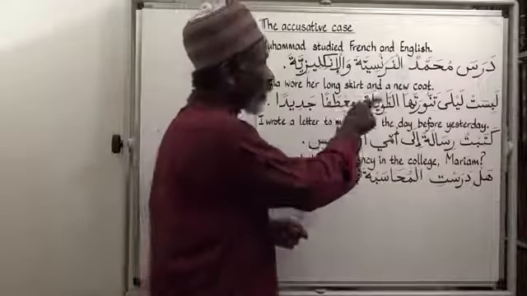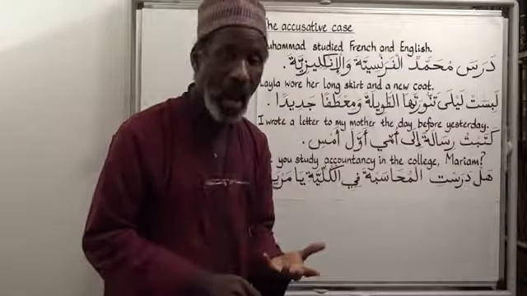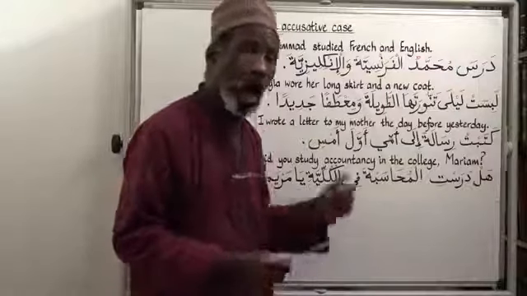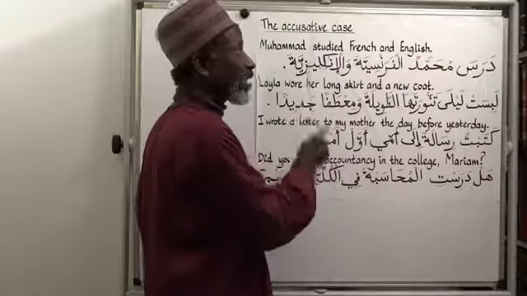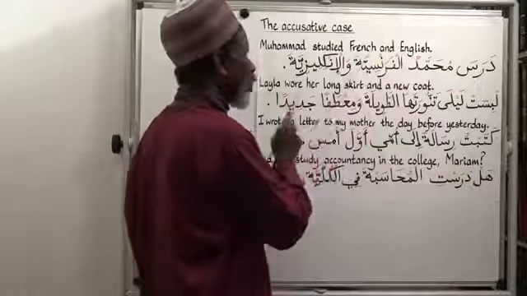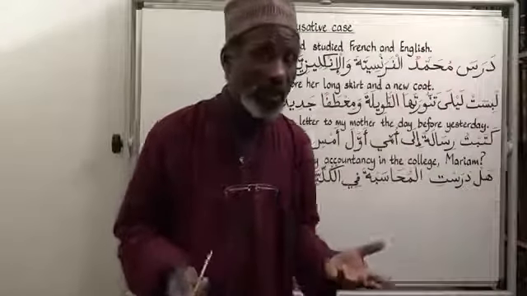The subject Muhammadun, when it is a singular noun, will carry dhamma, the u sound. But the object will carry fatha. Hence we have درس محمد الفرنسية والإنجليزية. And this is one of the uniqueness of Arabic, really.